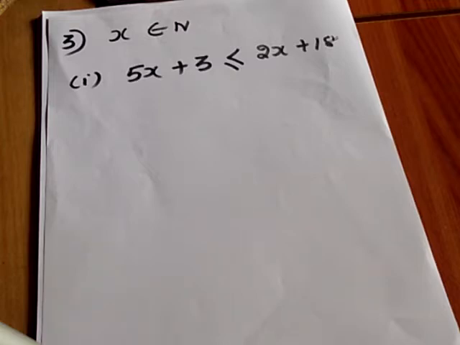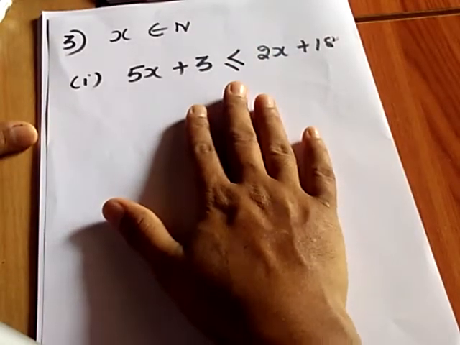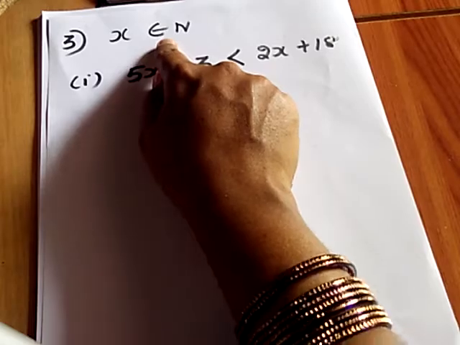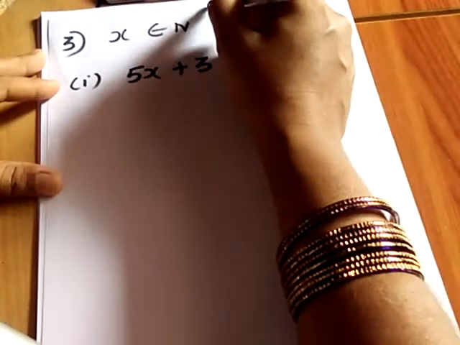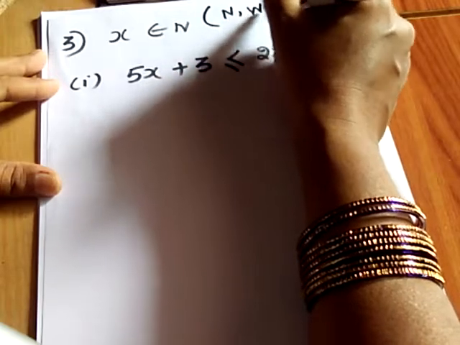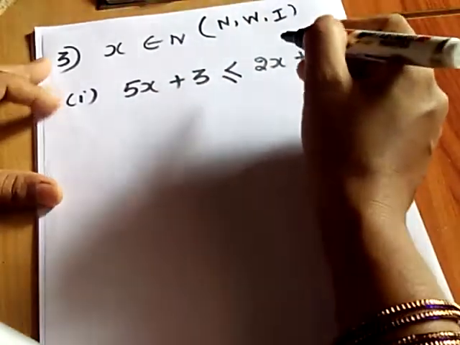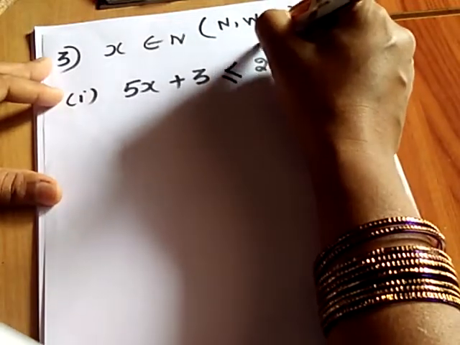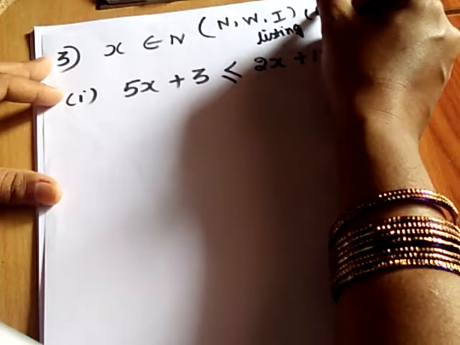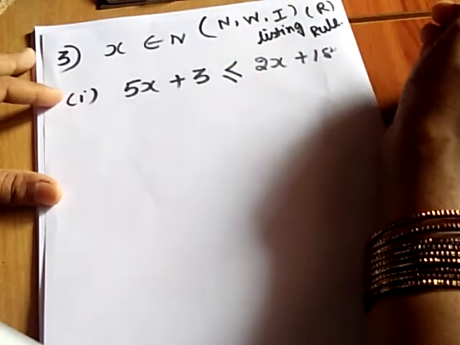And the very important thing is we need to write the solution set for the given condition, x belongs to natural number. I have already informed you, children, if x belongs to natural number, whole number, or integer, we are going to write the solution in listing method. But if x belongs to real number, we are going to use rule method.